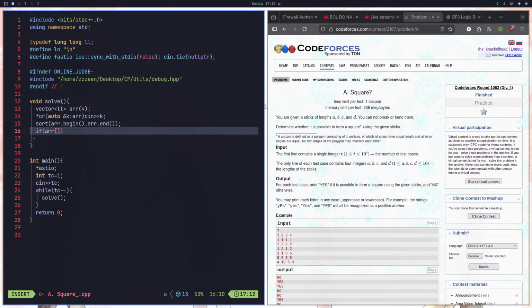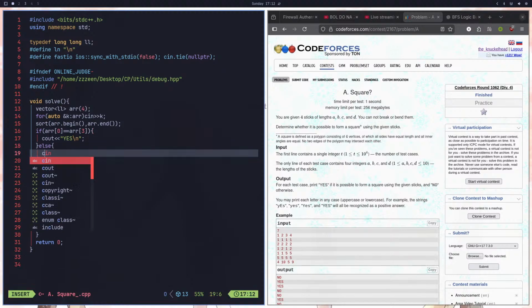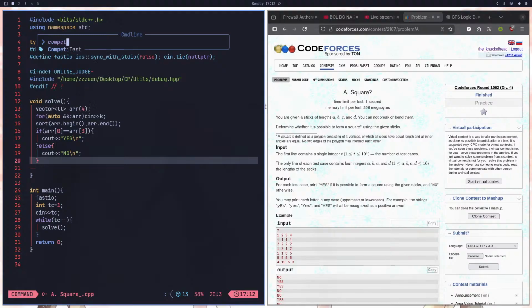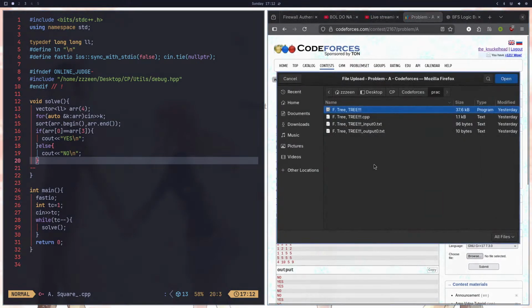If R of 0 equals R of 3, cout yes, else cout no. Complete test 1. Thank you. Browse.